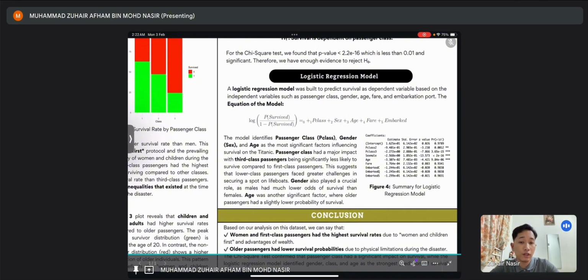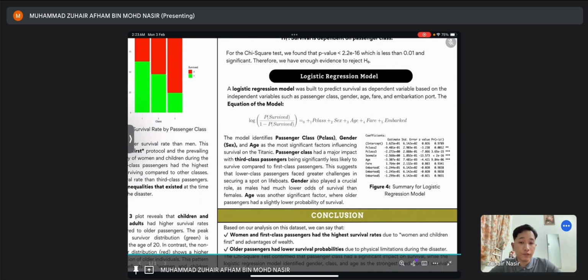The model identified that third class passengers had a much lower chance of survival compared to first class passengers.